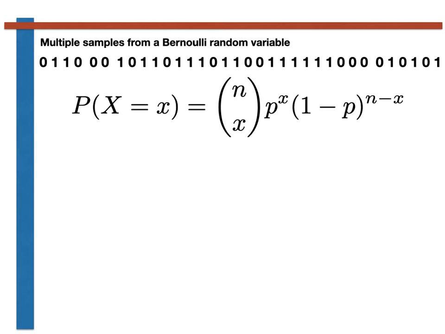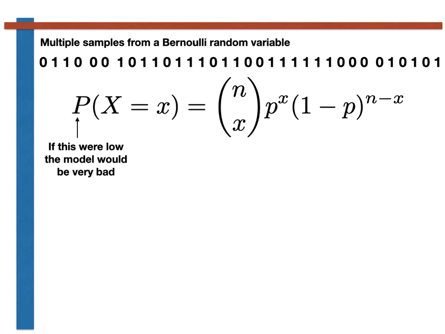Furthermore, the probability that capital X is equal to small x is a probability, and if for the particular value of x that we obtained in our experiments the probability that capital X is equal to small x were small, then the model would be bad. If that probability was small, this would imply that it was very unlikely that we would get this result. But we did get this result in our experiment.